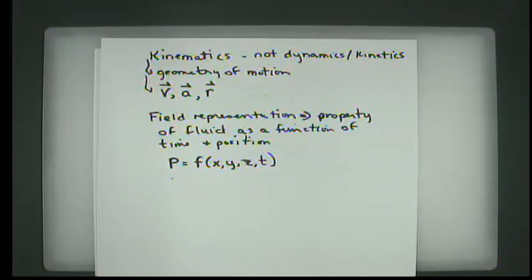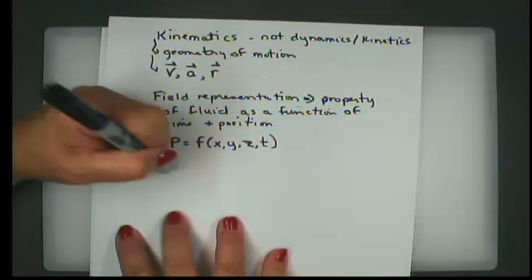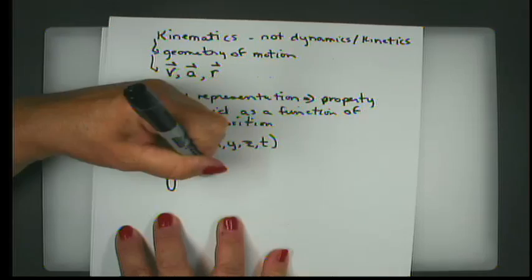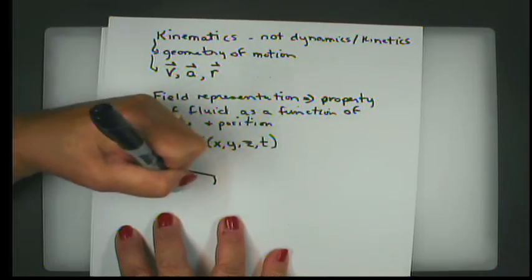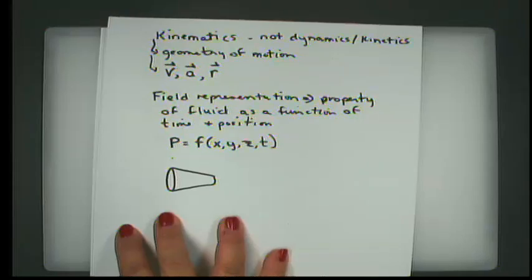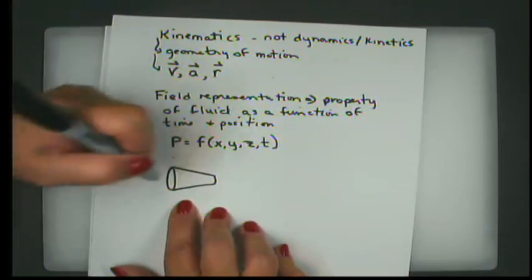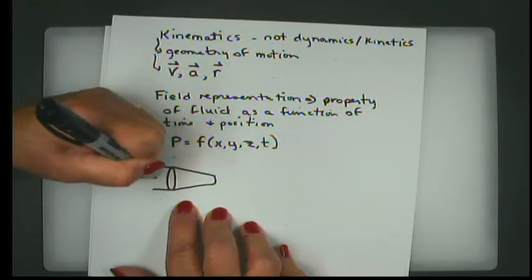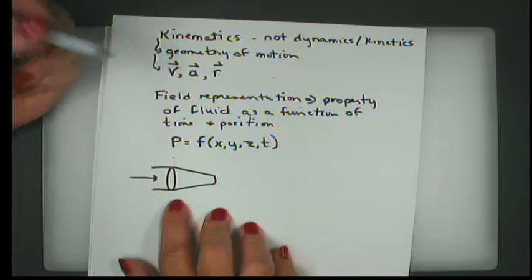Now, the specifics of that depend on the particular fluid regime. For example, let's talk about water flowing through a nozzle. This is like the end of your hose. So you're watering your garden. It's summertime right now, so I'm thinking about this sort of thing.